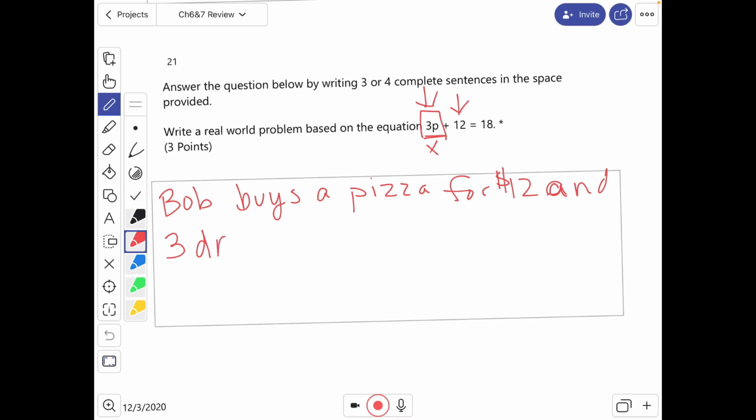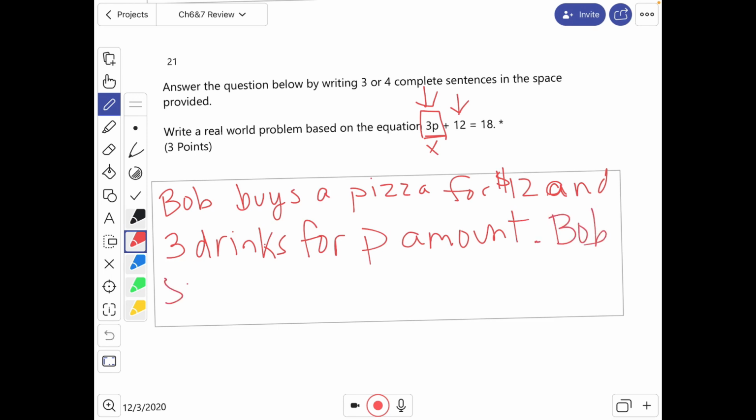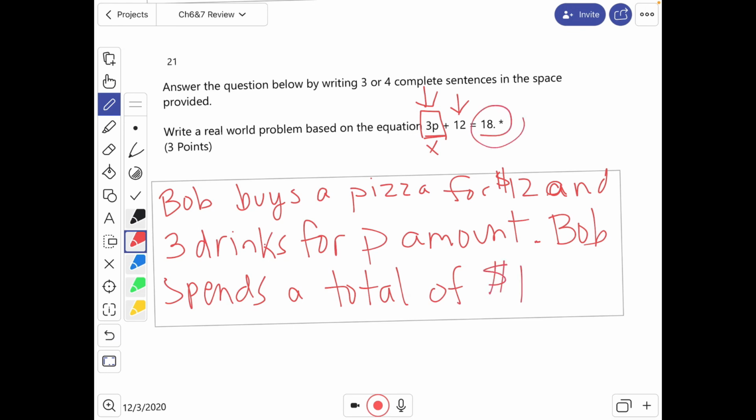So he buys a pizza for $12 and 3 drinks for p amount, because we don't know how much the drinks cost. Bob spends a total of $18.